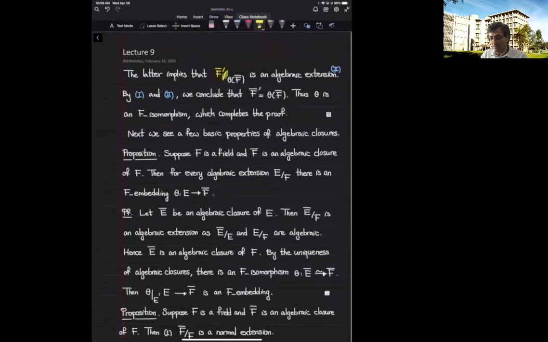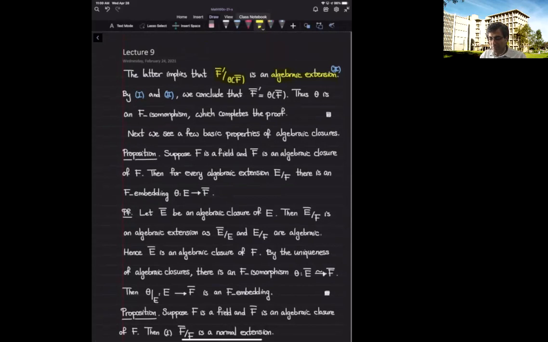So F bar prime is an algebraic extension. But remember, theta of F bar is algebraically closed. One of the equivalent forms of saying that a field is algebraically closed is to say that there is no non-trivial algebraic extension. Now, this is an algebraic extension. It cannot be non-trivial.